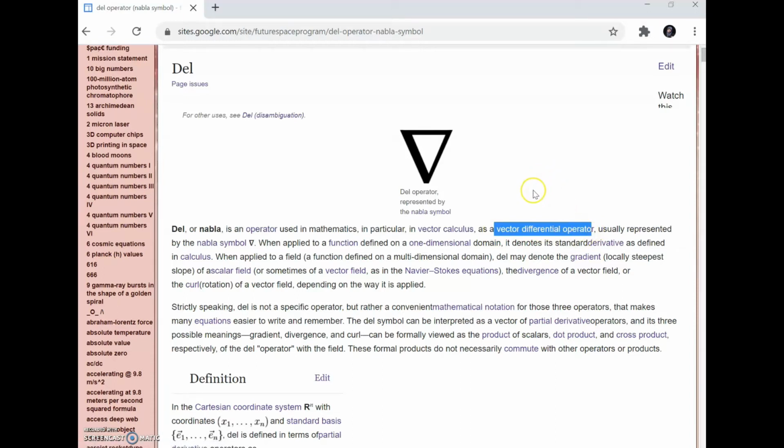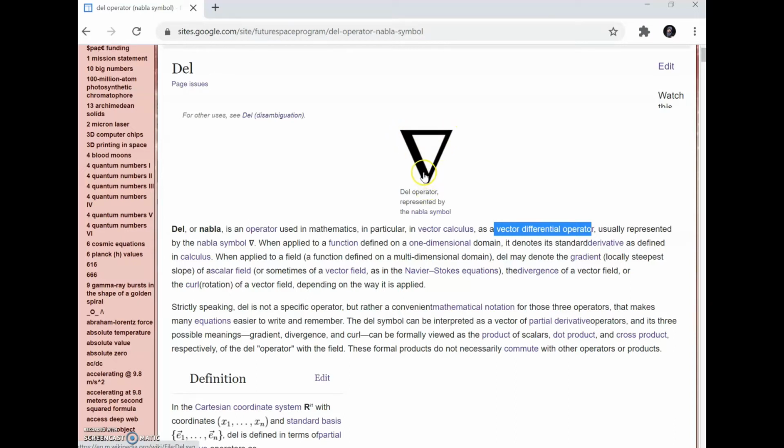Let's say if you have a function that is only in a one-dimensional domain, we just apply the standard symbol d to differentiate the function. But if you have a vector, especially in a multi-dimensional domain, then in order to differentiate your function, you need to use the symbol nabla or del.